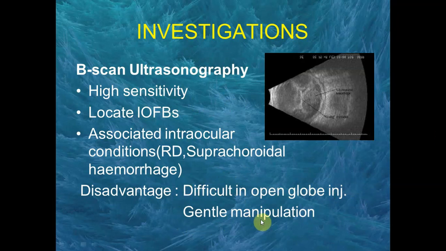That's why it's very important that we gently manipulate the eye and not forcefully press it, because that procedure itself can cause further damage to the eye. So we have to be very careful, and it requires quite a significant amount of skill to do this in the case of open globe injuries. But it provides a lot more information when compared to the CT scan.